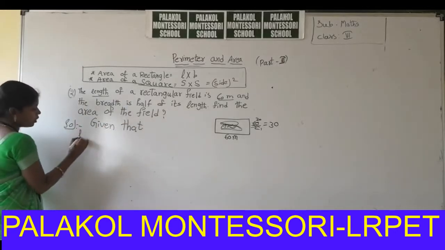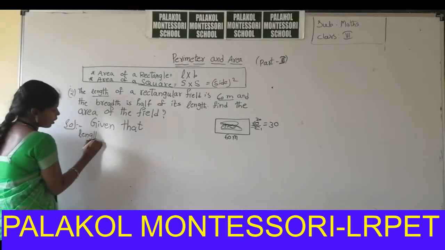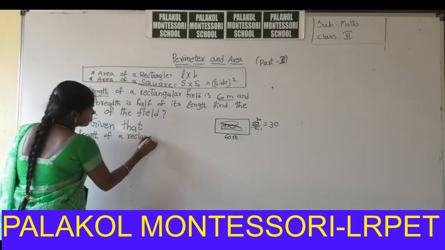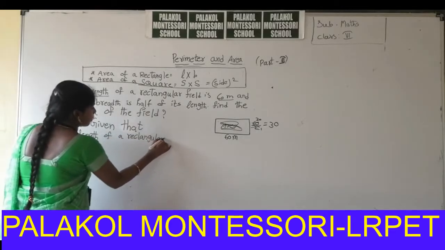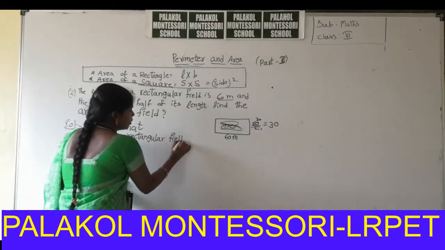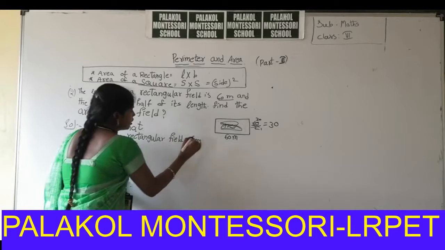So given that, the length of a rectangular field is equal to 60 meters.